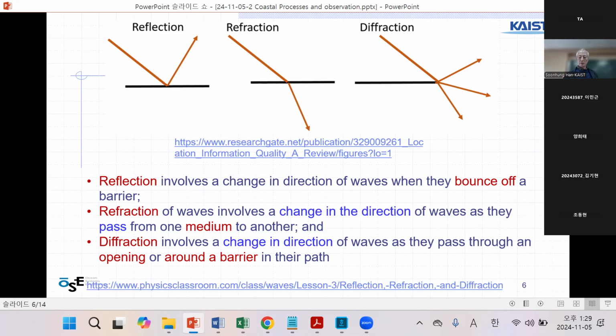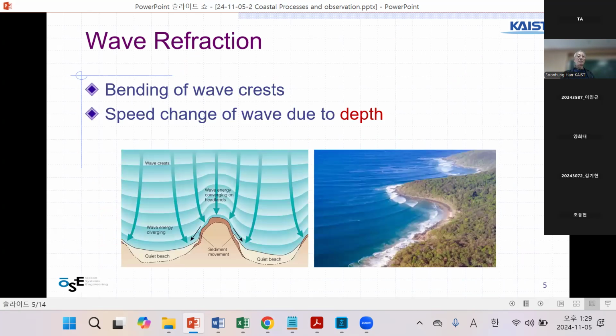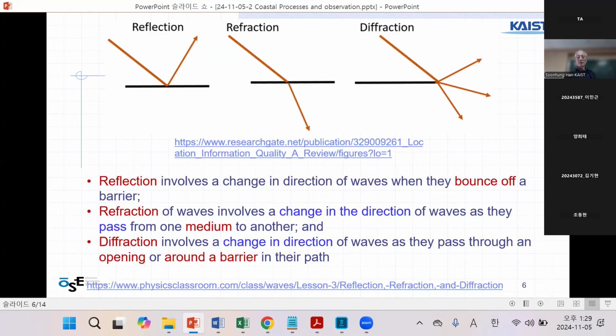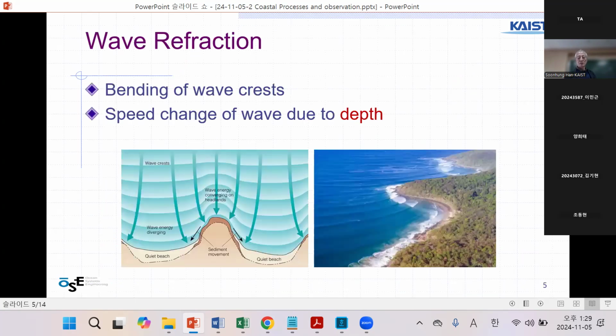The energy is spreading out. It is a little bit different one because this one comes from around the barrier.